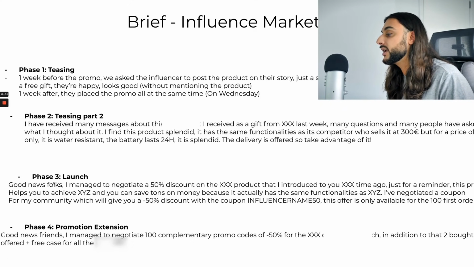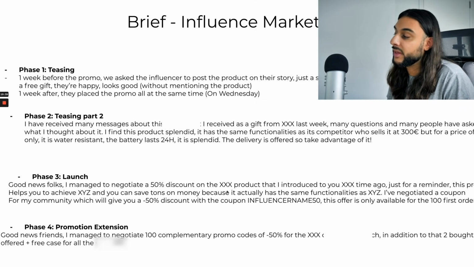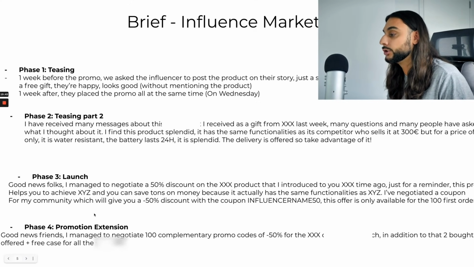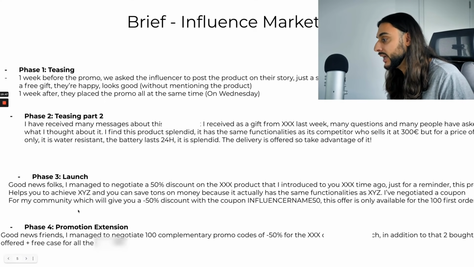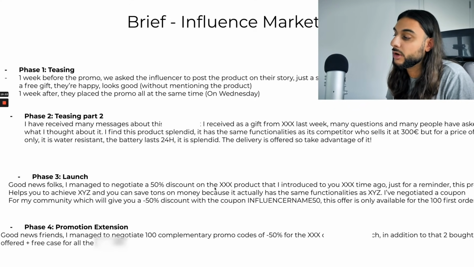Then we're talking about phase 3, the launch. Good news, folks. I managed to negotiate a 50% discount on the product. To make this make sense, this is the influencer talking to their audience on Instagram, whether it be a story or a feed post. And they're saying, look, guys, good news, we managed to negotiate a 50% discount on the product. Now, they don't mention the product in detail.